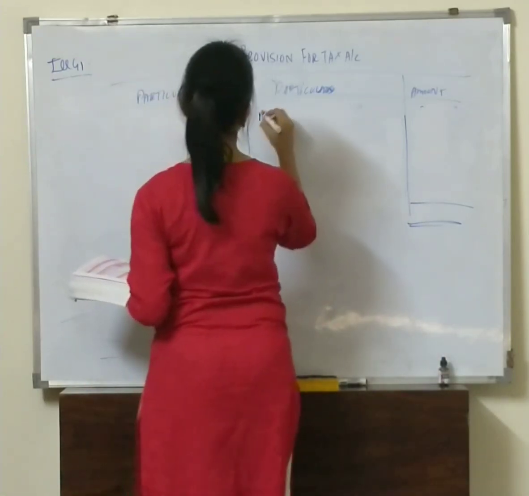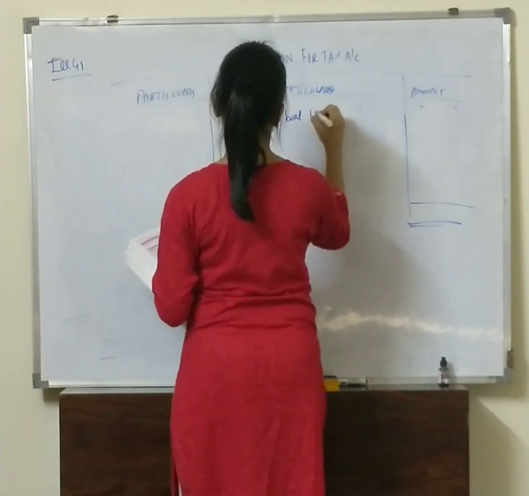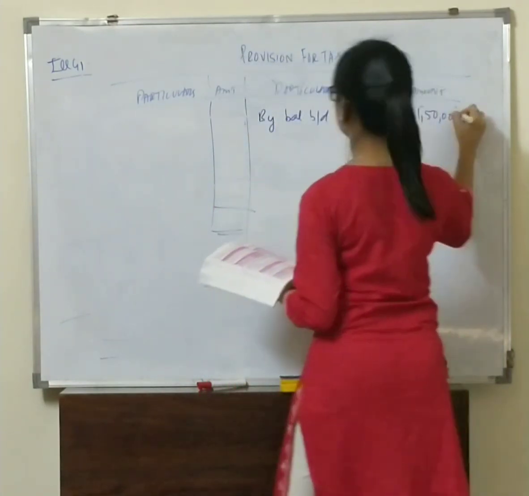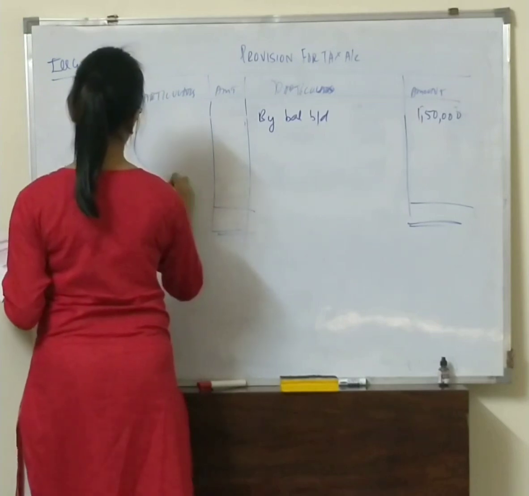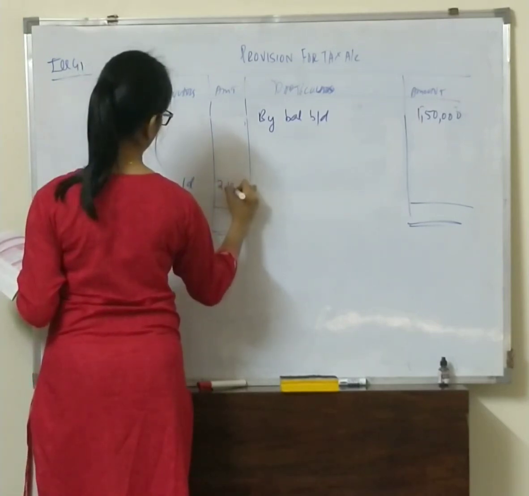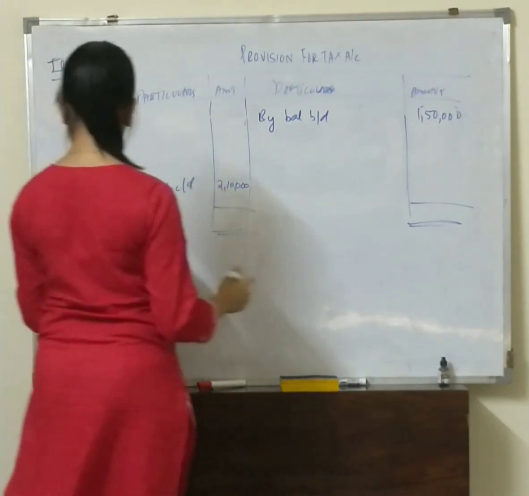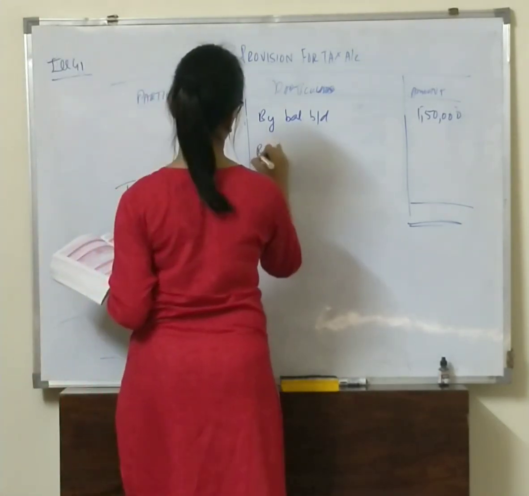So the first step is to bring down the balance. By balance brought down, how much is the balance? 1,50,000. Then we have to balance carried down, 2,10,000. Then they have given us provision for taxation made is 2,35,000.